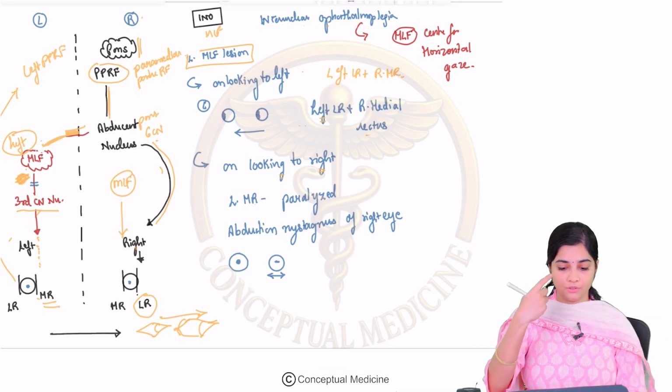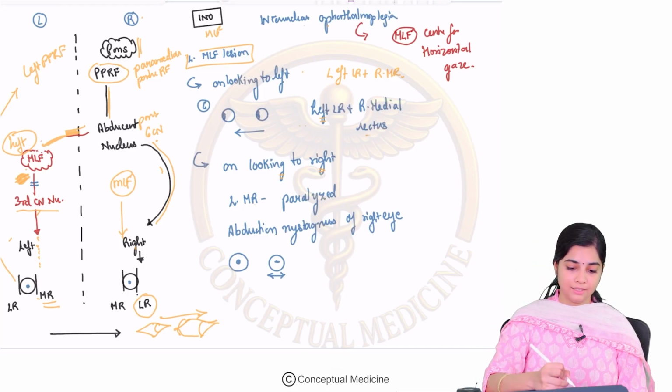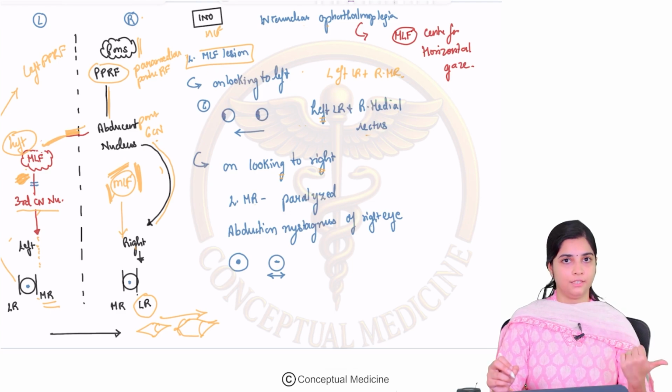At the same time, is your right medial rectus going to get affected or no? The right medial rectus is under the control of the ipsilateral MLF, the MLF on the right side. So, is it going to get affected? No. So, the extraocular movements are full in a left-sided MLF lesion on looking to the left side.